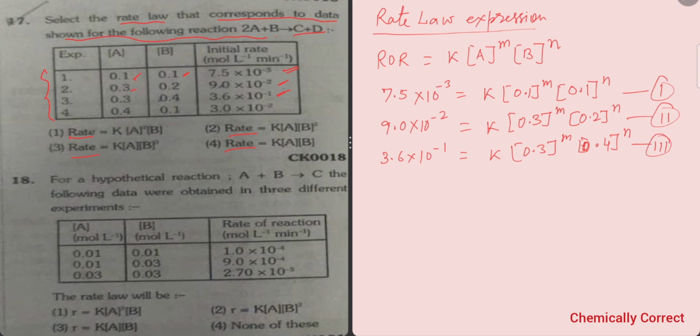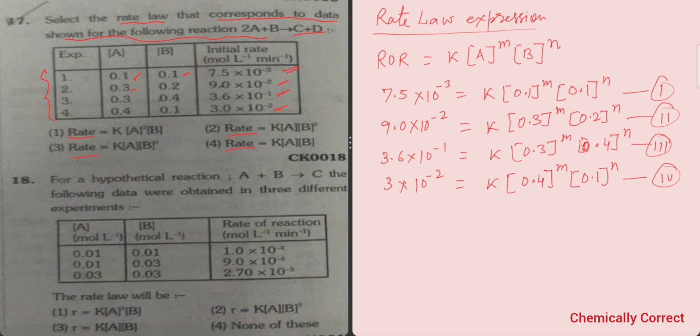For the fourth equation, the rate of reaction is 3 into 10 raised to the power minus 2, that is k into the concentration of A 0.4 raised to the power m and 0.1 raised to the power n. That is our fourth equation. Let's find out what to do now.